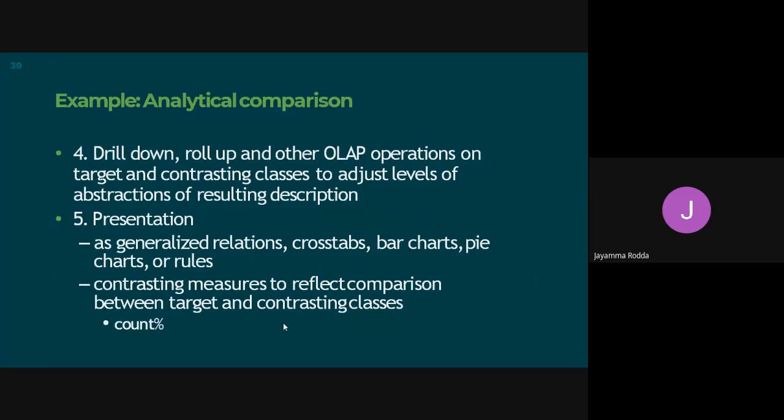Like in this particular contrast class, there is a list of students whose age is between 15 to 20, and their birth country is Canada, and their count is 5.53%.